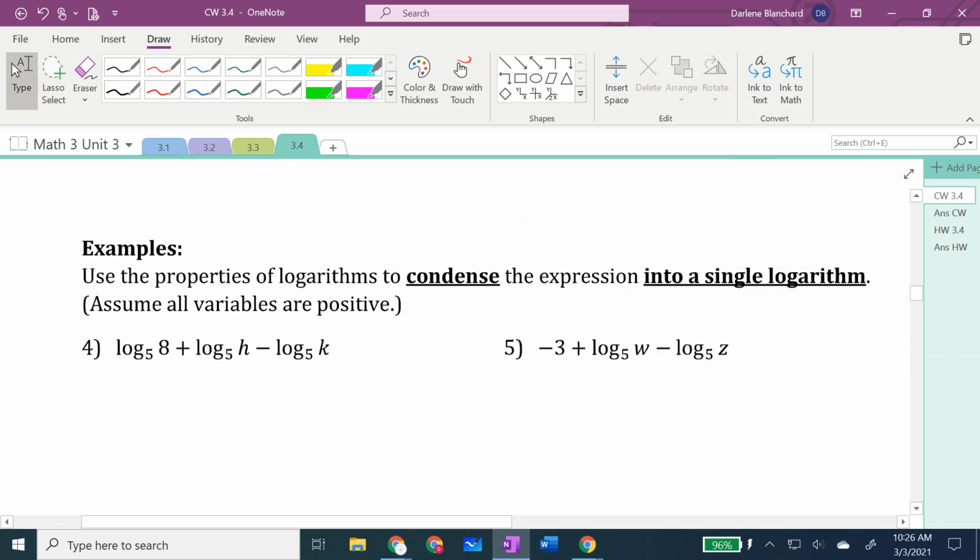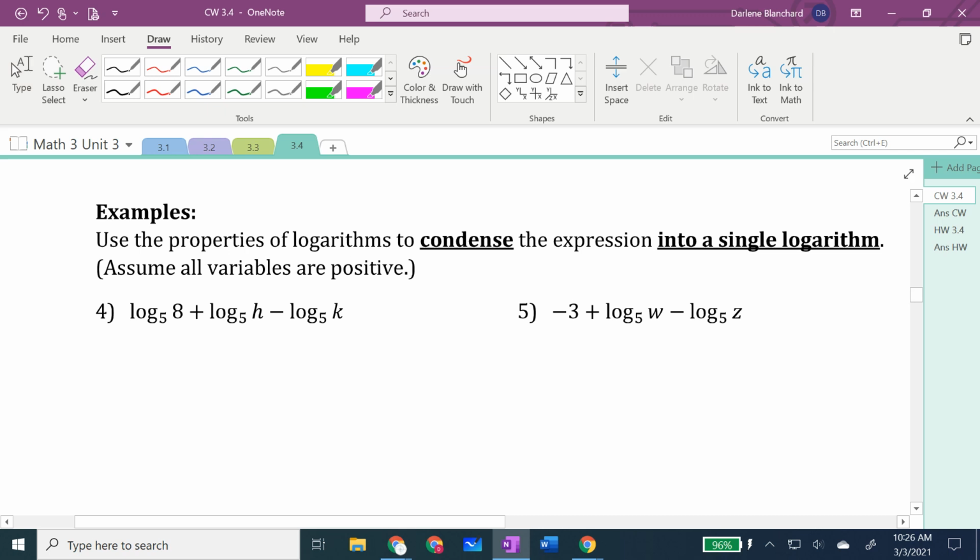Now, condensing. Condensing into a single logarithm uses the same two rules, but now we're going the other direction. And you can choose to go quickly or slowly, however you see things. I'm going to do it one step at a time. You can do this faster if you see it.